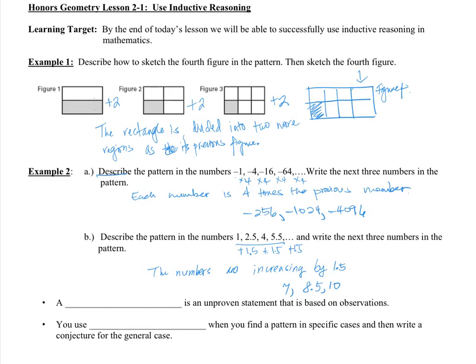So in conclusion here, we want to say that there's no proof to these patterns. So we call this a conjecture. A conjecture is an unproven statement that is based on observations.